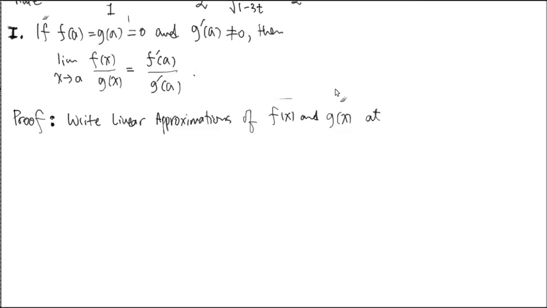They're all about values around a, right? This calculation we're doing here is the behavior of the quotient when x is very close to a. So linear approximation is good. It's at a here. So let's write L of x as a linear approximation for f of x so that it looks like f of a plus f prime of a times x minus a. Is that right?